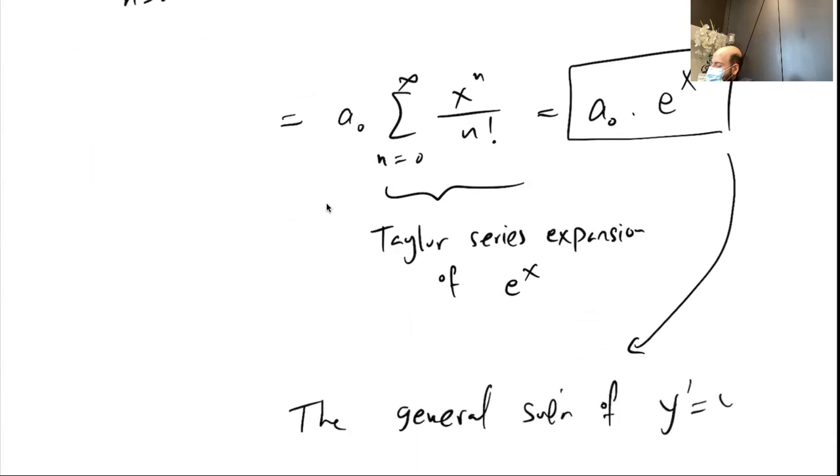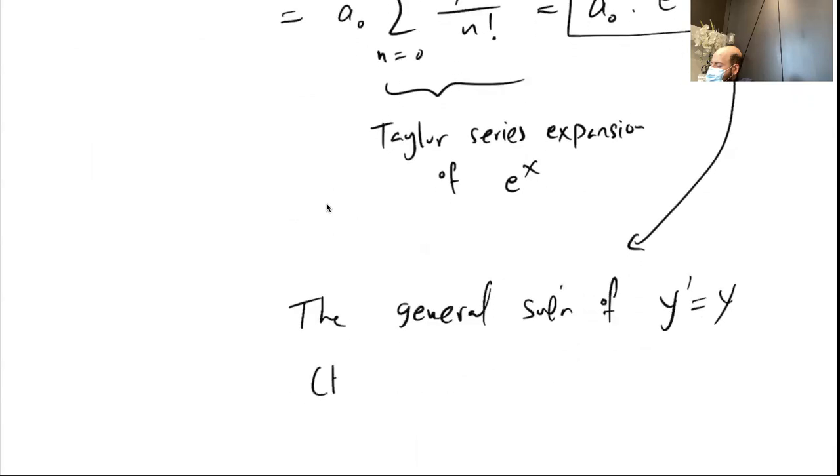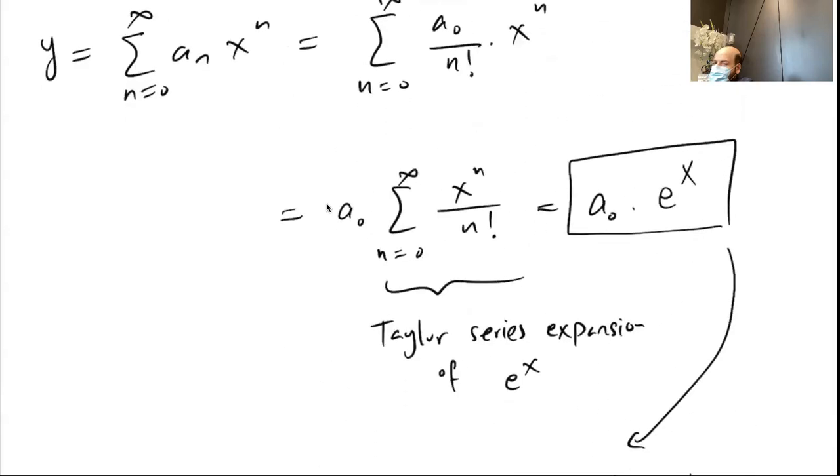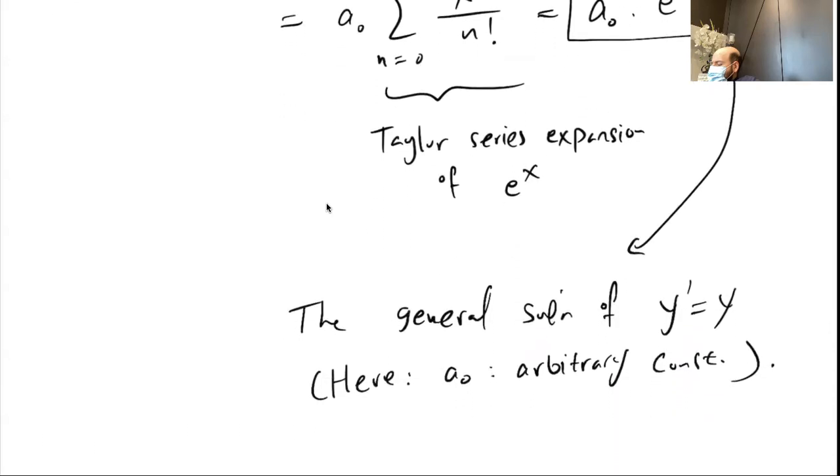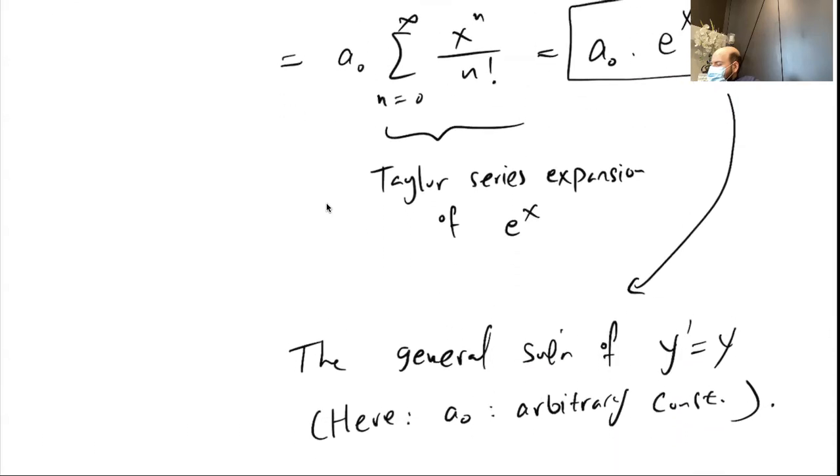Of y prime equals y. And here a0 is an arbitrary constant, and this is the general solution, a0 times e to the x.